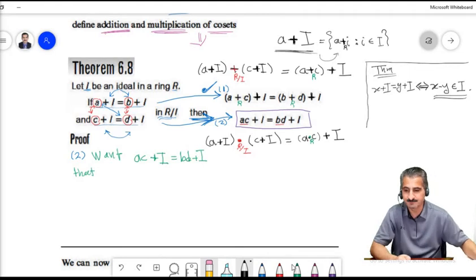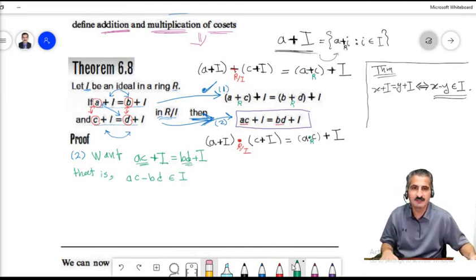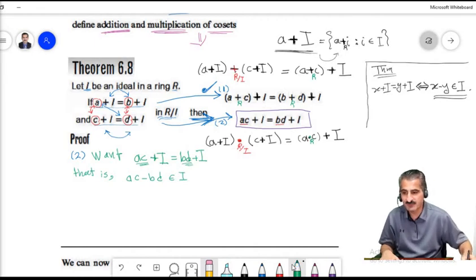So we want to show AC gives the same coset as BD. That means we want to show that AC minus BD belongs to I. So how do we do it? We need to use the information here. Let me clean all these things.